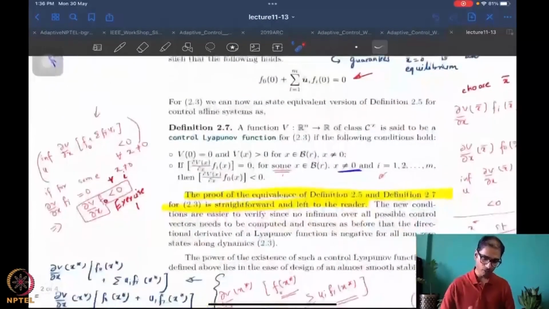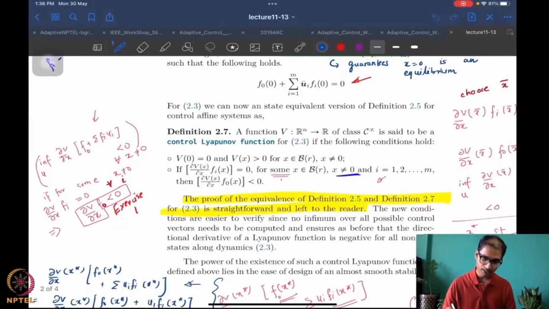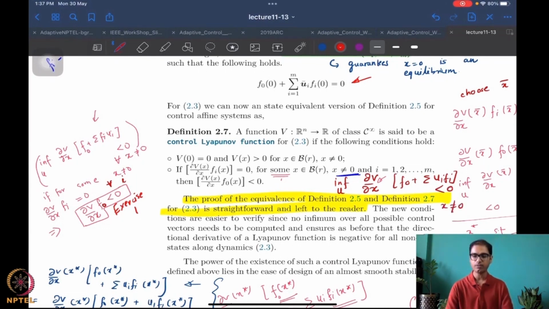What is the equivalent version is that there exists u such that the infimum over u of del V del x f_0 plus summation u_i f_i should be less than 0 whenever x is non-zero.